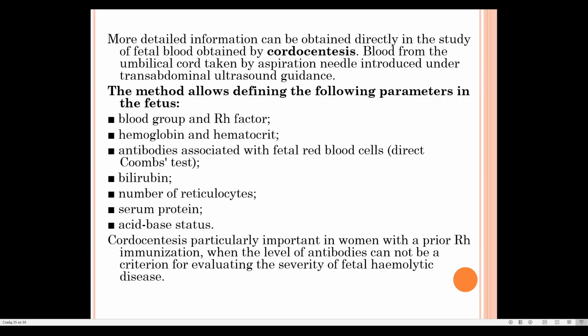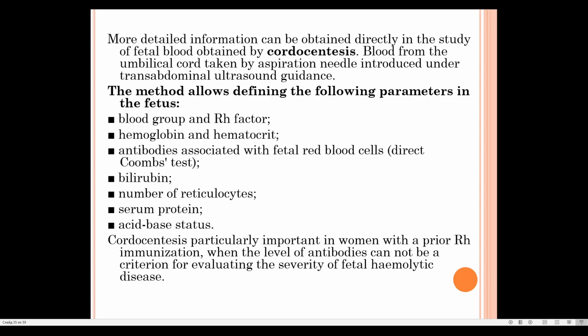More detailed information can be obtained directly in the study of fetal blood obtained by chordocentesis. Blood from the umbilical cord is taken by an aspiration needle introduced under transabdominal ultrasound guidance.